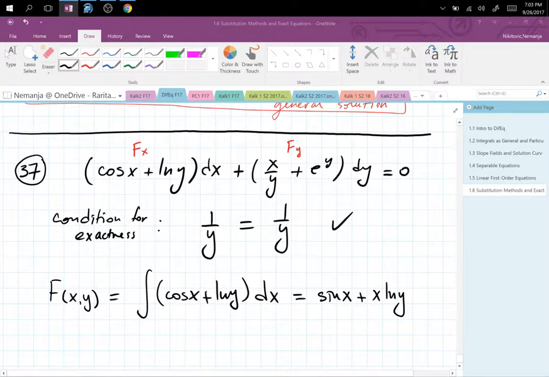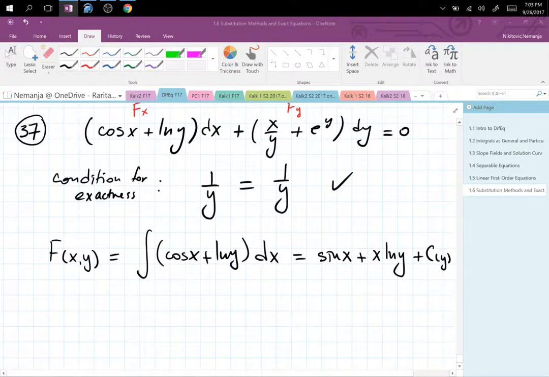So you can think of ln y as 3, and then the integral you get on the other side is 3x, plus c with respect to y, because we integrated in terms of x. That extra constant could be a number, but also could be a function of only y.